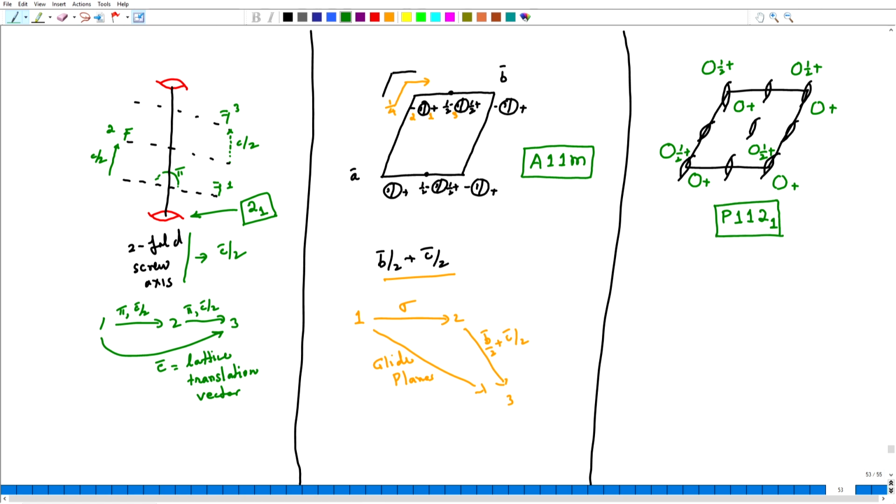And one final thing before I complete, let us add a glide plane to a primitive monoclinic. So, this is my primitive monoclinic cell, and I add a glide plane.